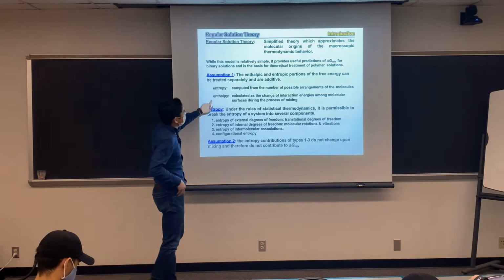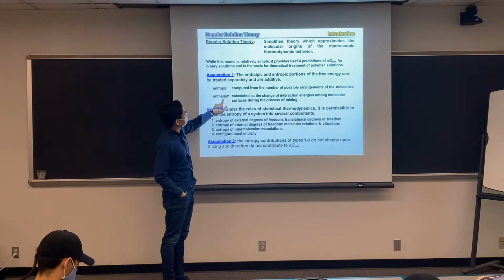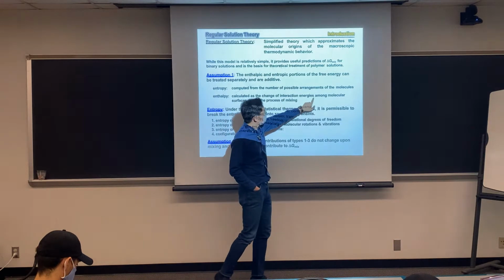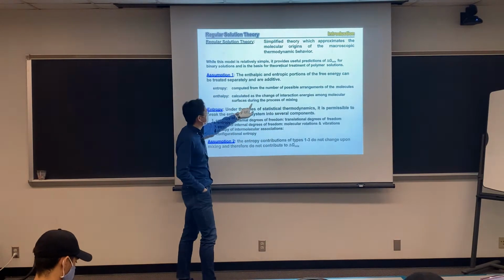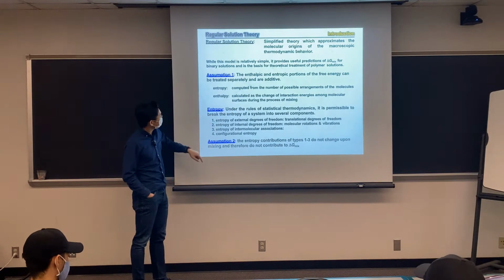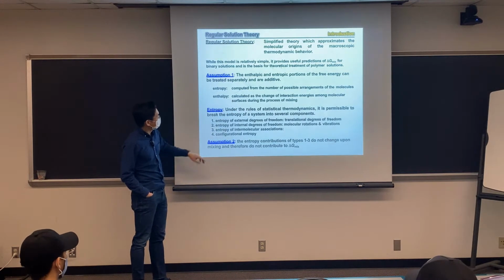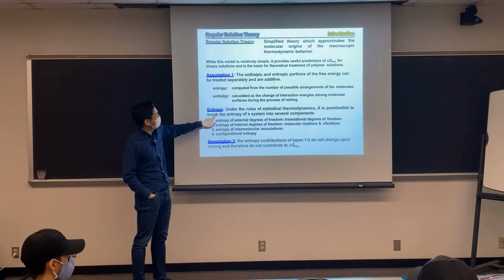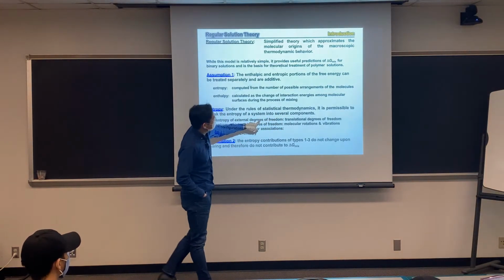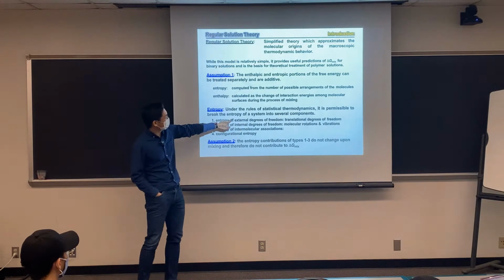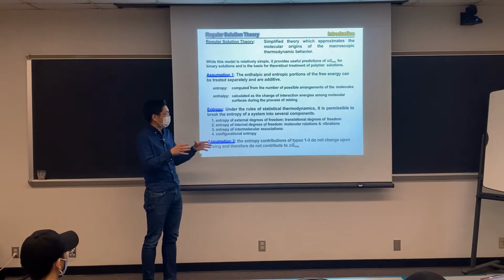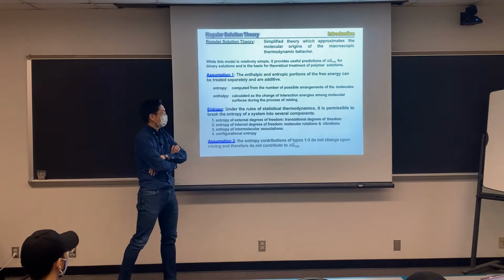We're also going to talk about enthalpy. This means understanding the change of interaction energy between the molecular surfaces during the process of mixing. A little bit more on entropy. By the rules of statistical thermodynamics, it is permissible to break the entropy of the system into several components. We're just going to break it down into each component, then add them together.